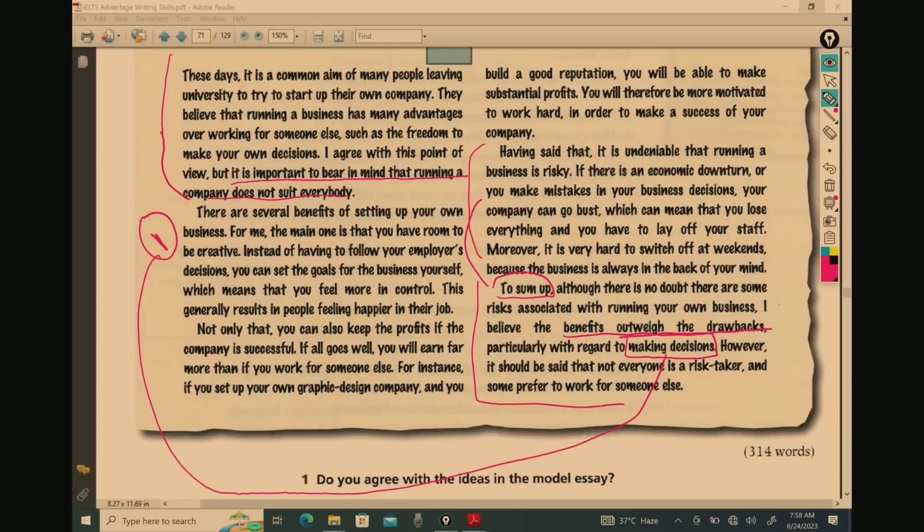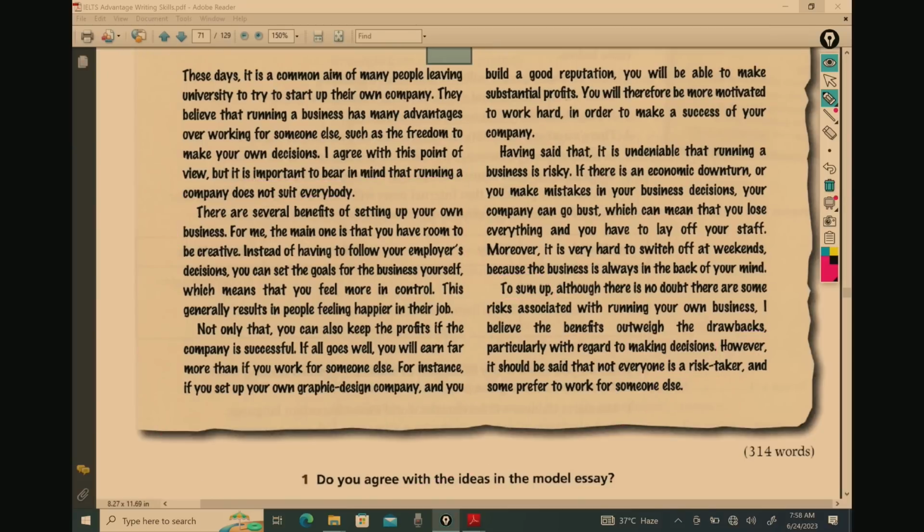However, it should be said that not everyone is a risk taker and some prefer to work for someone else, means they prefer to do a job, okay? So guys, this is how you can easily write advantages outweigh disadvantages. Paragraphs, sentences inside the paragraph, what kind of sentences are they, sentence structure.